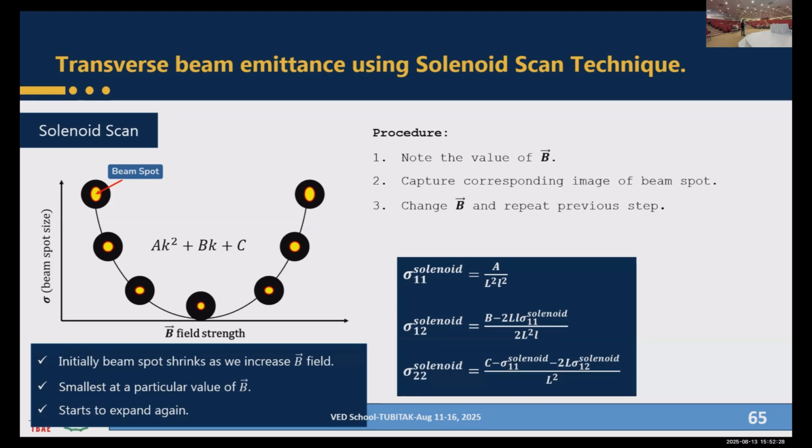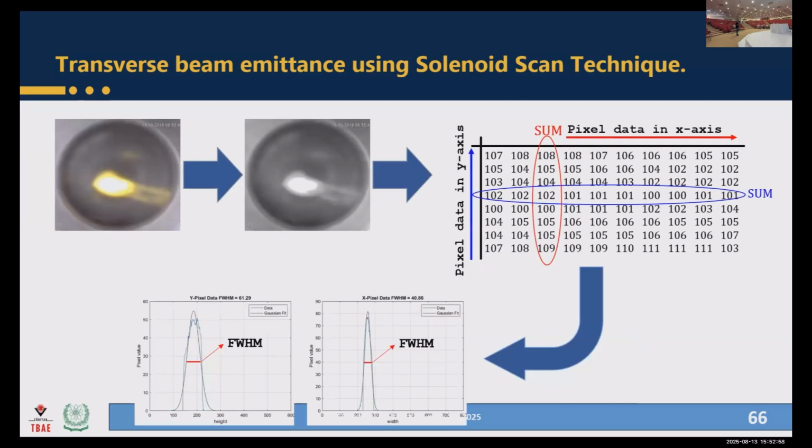So if you know the footprint of your beam, that is the image of the beam, you can always back calculate using matrix mechanics, the transfer matrix which I discussed yesterday, to evaluate the twist parameters of the beam. This sigma are basically the beam sizes, the beam spot size. The B is the strength. So there's a mathematics.